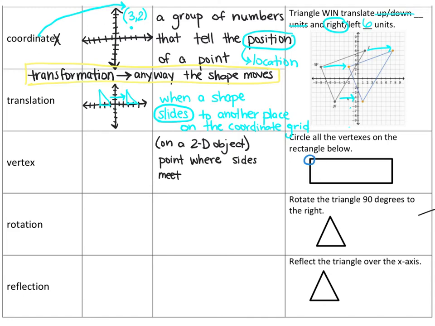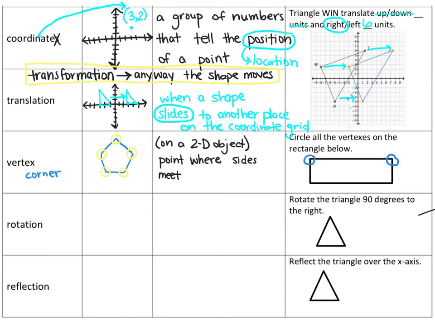We also know that this side and this side meet here. That's also a vertex. So another word for vertex is corner. All right? You need to draw a shape and circle the vertexes here. So you could do a triangle, you could do a pentagon. Then you need to come over here and circle all the vertexes on the rectangle below. Where are the other vertexes?